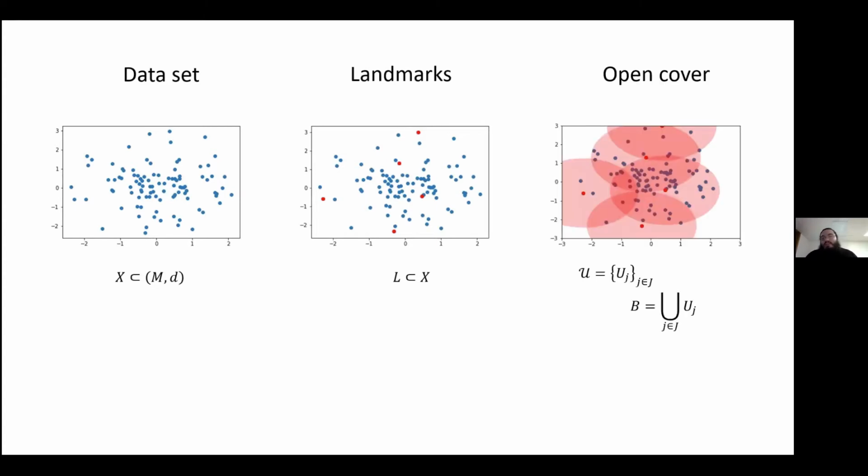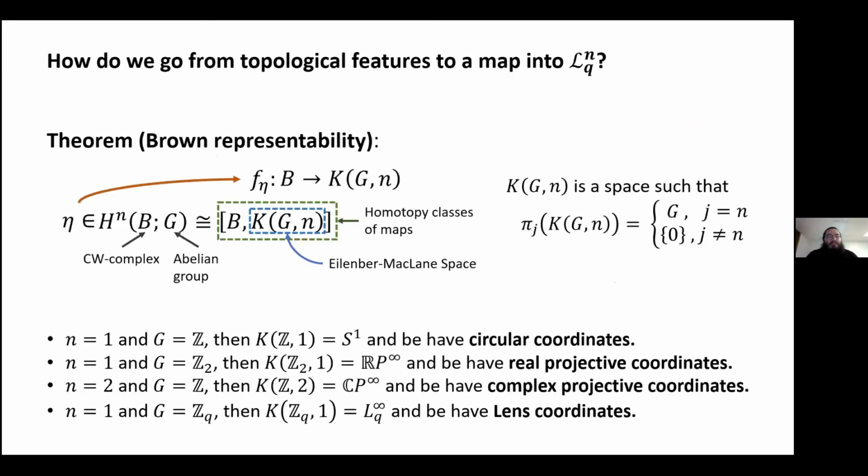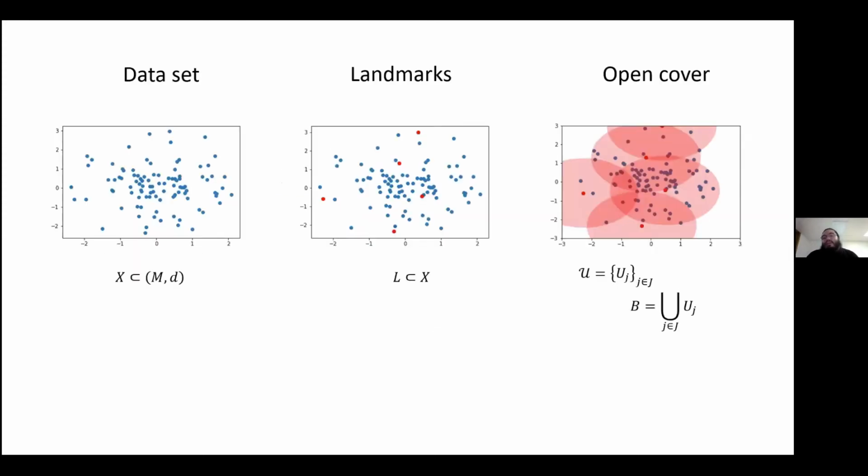Since we're in a metric space, we're going to consider an open cover U given by metric balls in this specific case. I should point out that the base space B, the CW complex that we're going to be using, is going to be the nerve of U. That's the space that we're going to be working with.